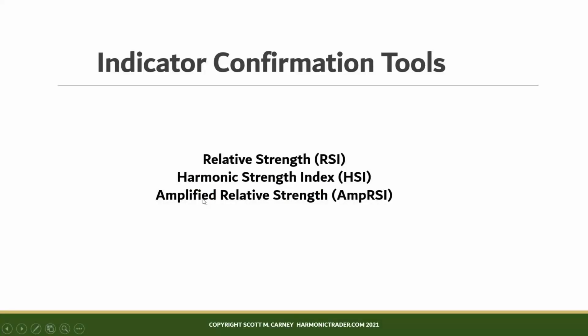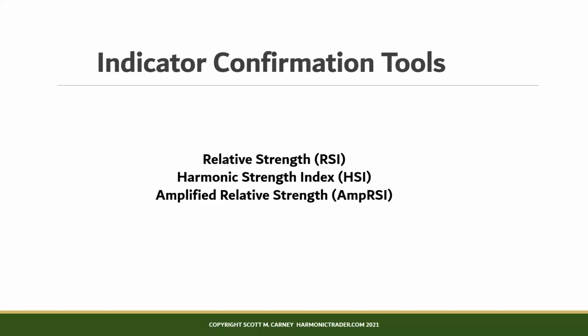So what else do we want to see inside of this terminal bar? Because the other aspect that should be happening, if it's not there, we simply don't have a trade. We need to have specific conditions unfolding. Many of you know I do a lot of work with relative strength, and I have taken that to the next level with harmonic strength index and also amplified relative strength.